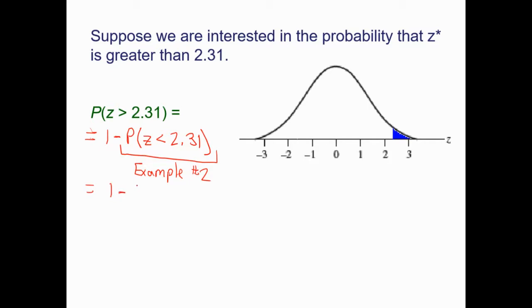So I'm going to have to do 1 minus 0.9896, which is equal to what? 0.0104.